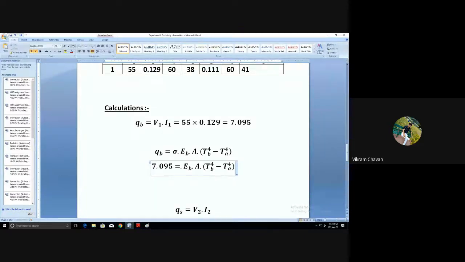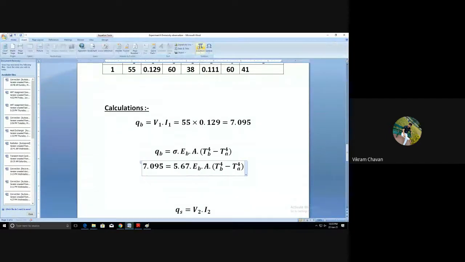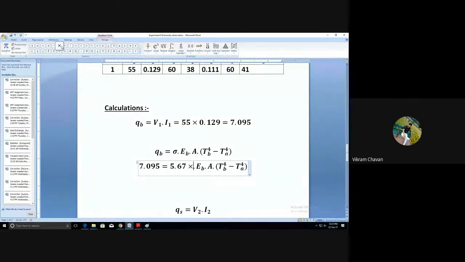The Stefan-Boltzmann constant sigma is 5.67 into 10 to the power minus 8. Then EB is unknown, so multiply by EB. Now, first of all, we have to calculate the area. Here we require the area.